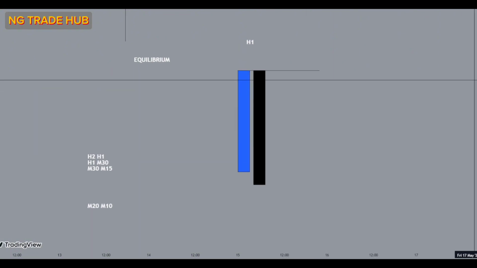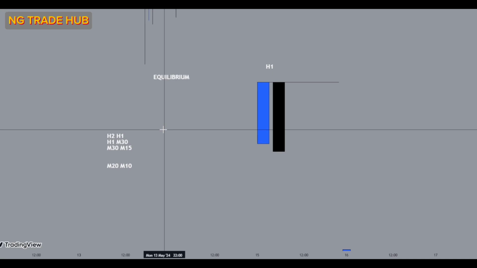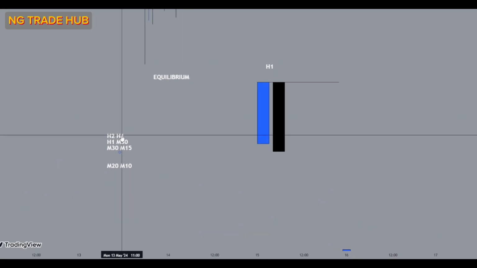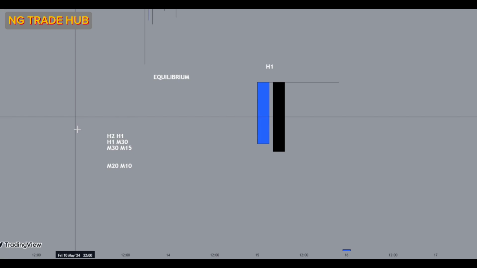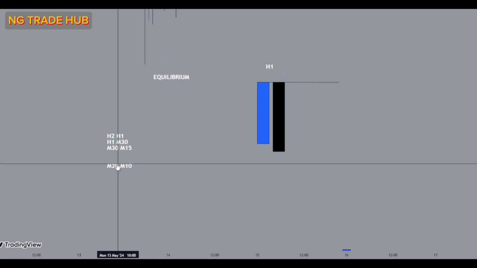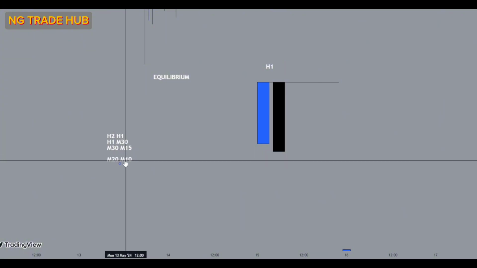So this is the concept of equilibrium. The way we use it is dropping one time frame below the main time frame. Use it from H2 to H1, from H1 to M30, from M30 to M15. And there is another one I use sometimes, M20 to M10.